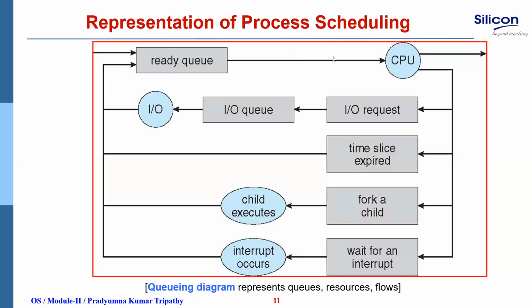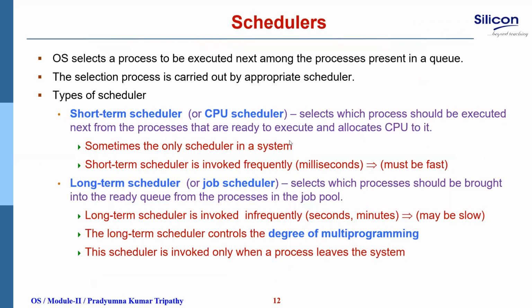So how will it give? It will give through a module called the dispatcher. The dispatcher is a module which connects the process selected by the short-term scheduler to the CPU.